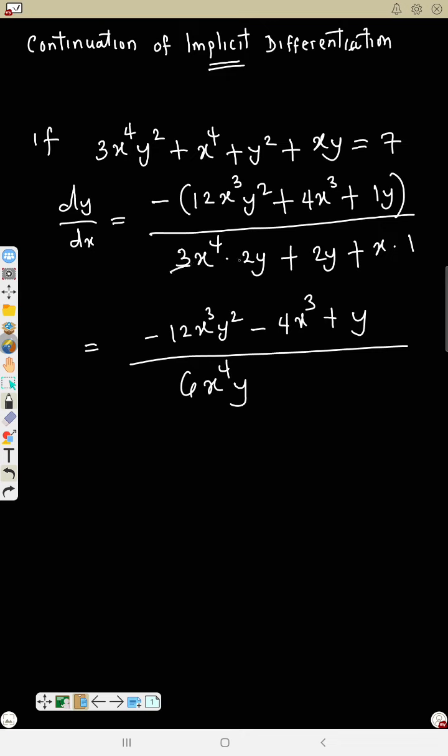Hope you get it, the number times the number first, that will be 6, then xy plus 2y then plus x. So that is the answer.